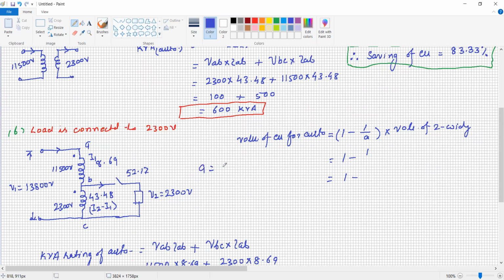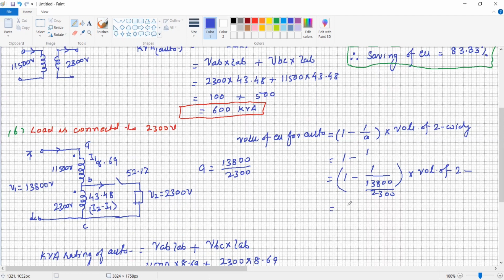A here is 13800 divided by 2300. So 1 upon A is 1 upon 13800 divided by 2300, into volume of two windings.